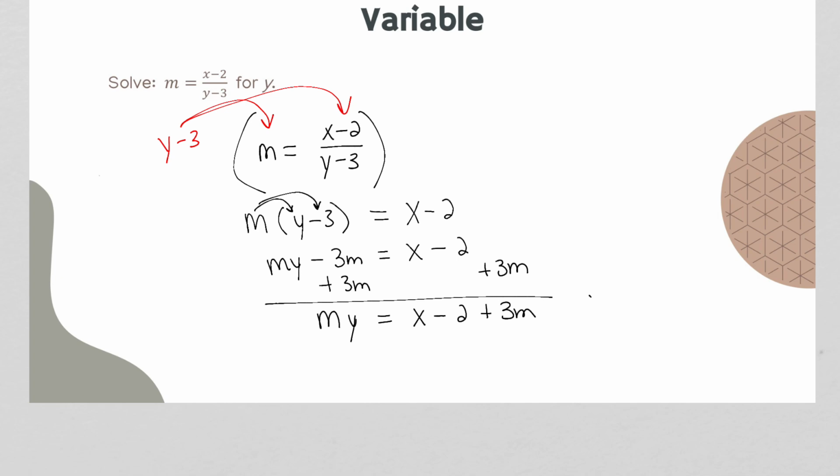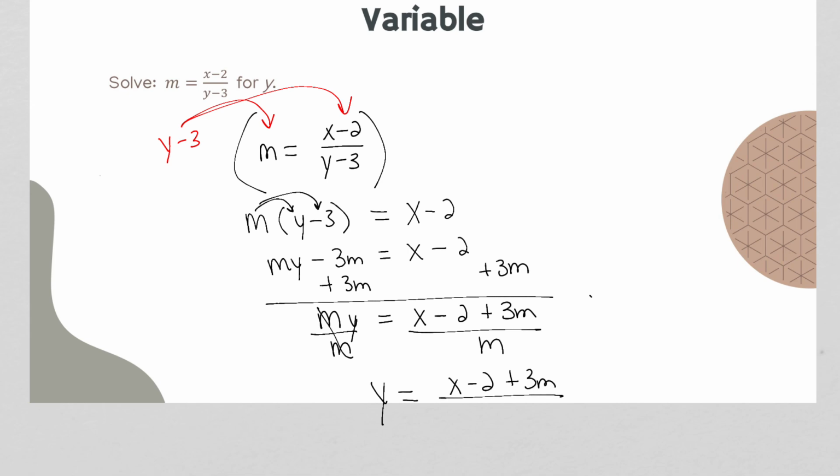Now, if I'm solving for y, I want to divide by m here. And I could just leave it like that. So those m's go away. y is equal to x minus 2 plus 3m over m. And I can leave it like that. That's a good answer. And we have the y all by itself.